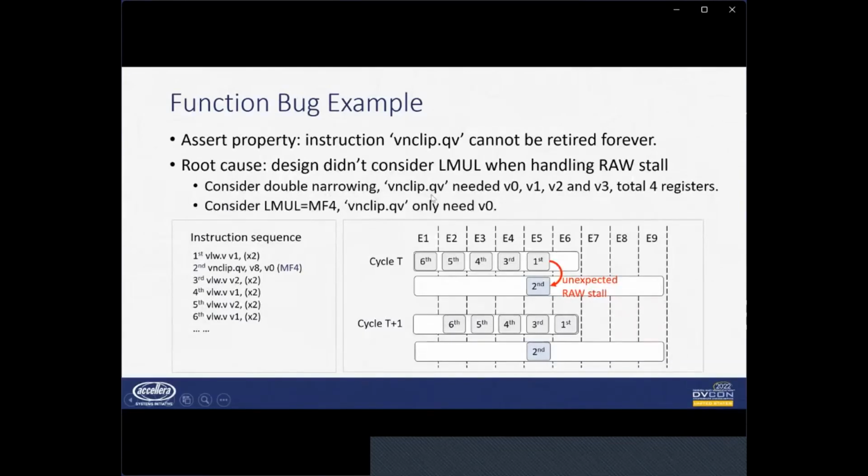vnclip.qv is a double narrowing instruction. Only considering double narrowing, vnclip.qv needs v0, v1, v2, and v3, a total of 4 registers. But considering LMUL fractional 4, vnclip.qv only needs v0.